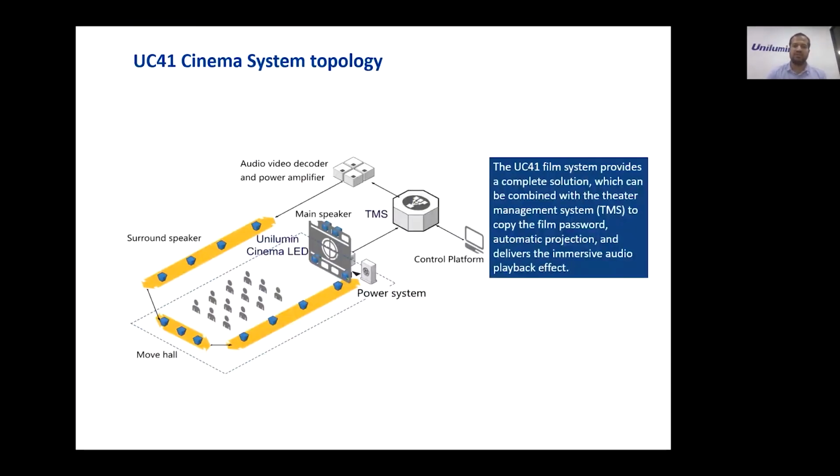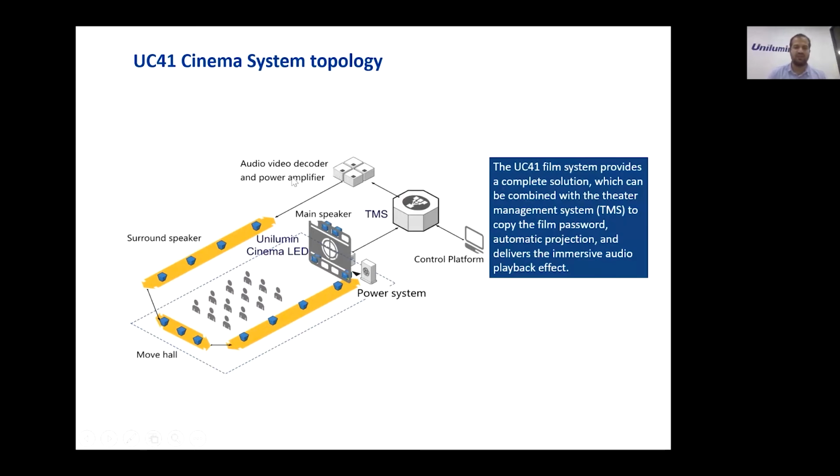Now the UC41 cinema system topology. It's pretty simple. As you can see in the topology, we have the main screen, powered by the power system, the LED display, and the TMS, theater management system, delivers the data to the screen to be displayed.